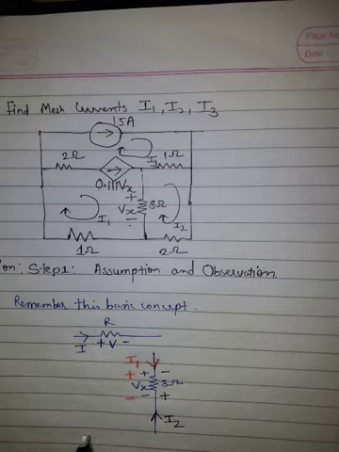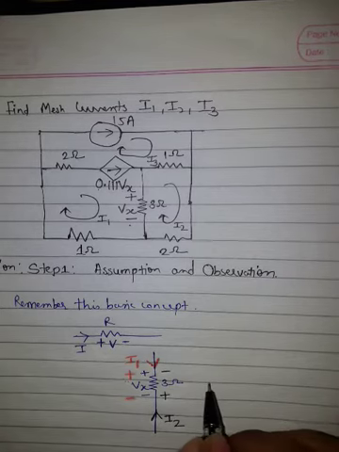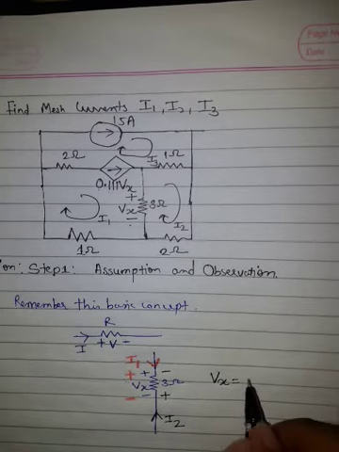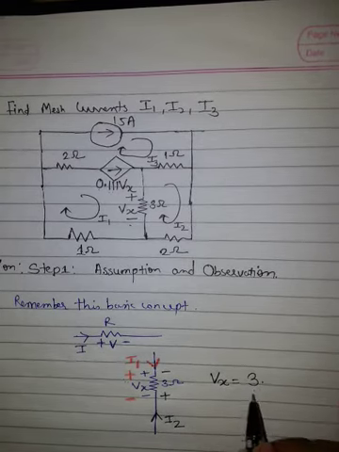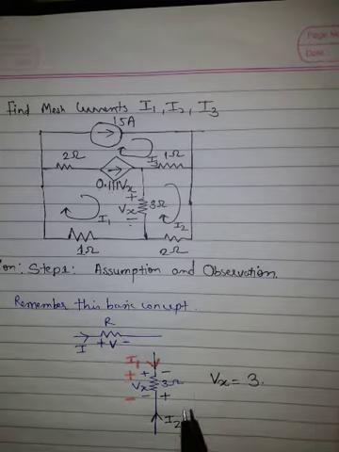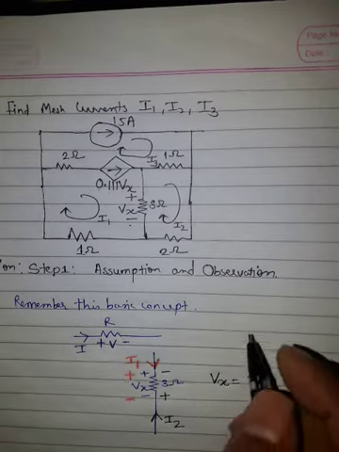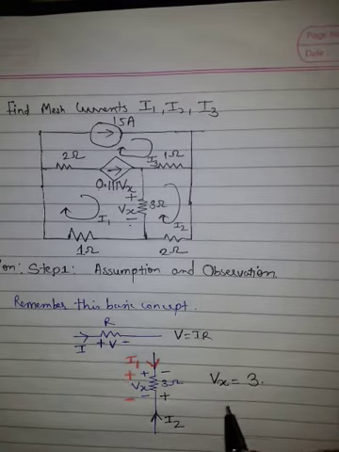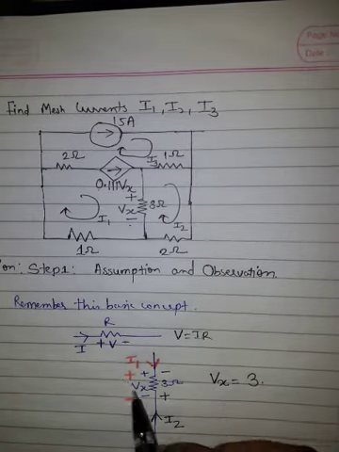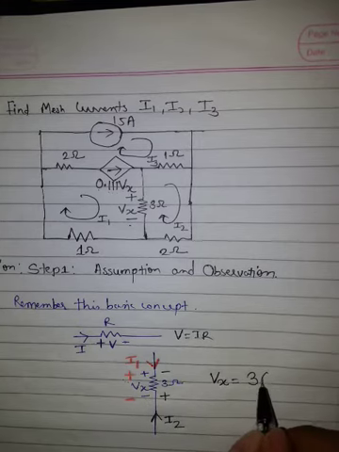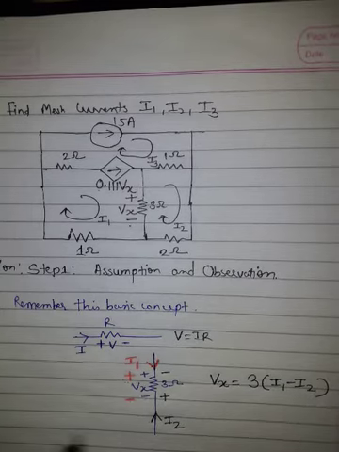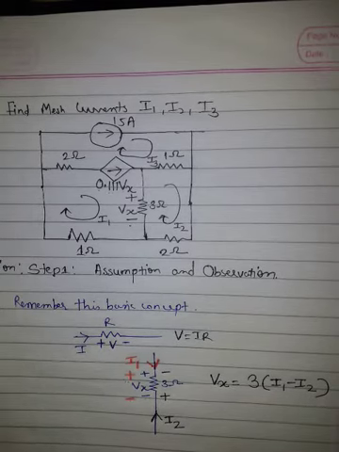That's why we can write Vx is equal to 3 into, this is the resistor. Always remember Ohm's law: V is equal to IR. Always remember, Vx is equal to 3 into I1 minus I2.